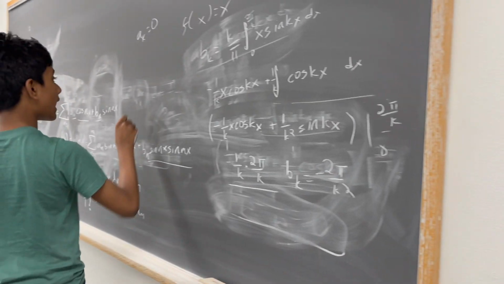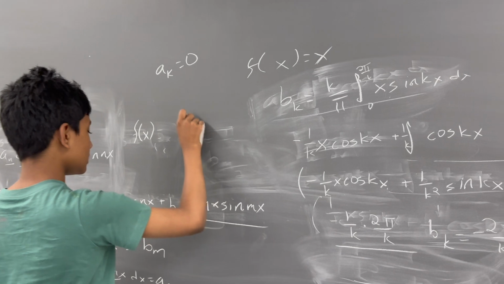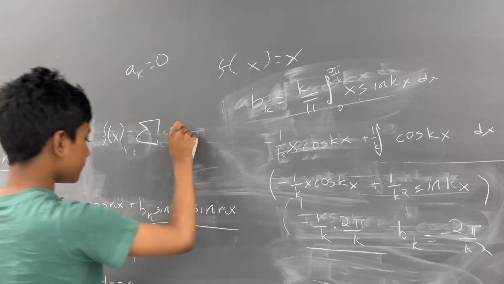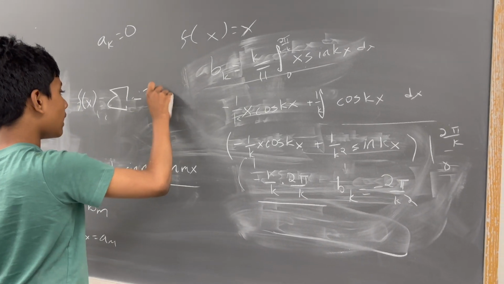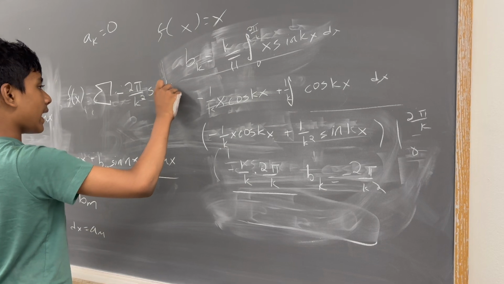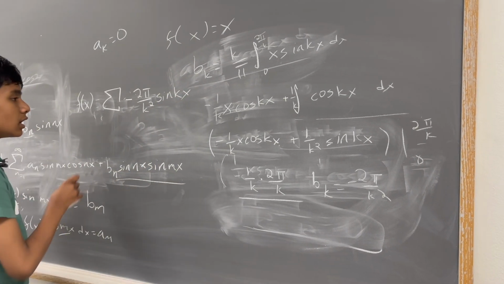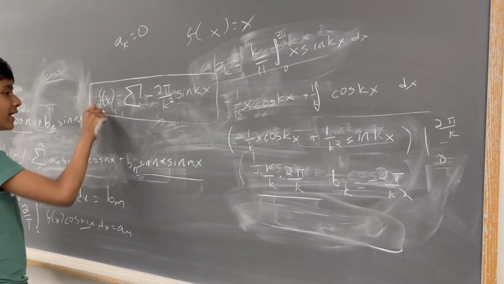Which means that f of x is just equal to the sum of b_k, which is minus 2 pi over k squared sine kx. So this is the Fourier series for f of x. That's it.